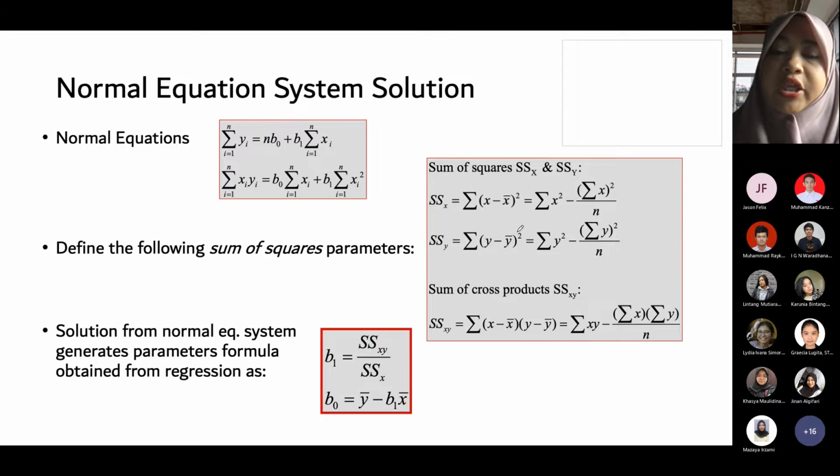Y dash here is the average, and this is also the sum of square of xy. So this is how you get it with the formula. You can put it in a book, or easily in the exam. You're not obliged to remember it.